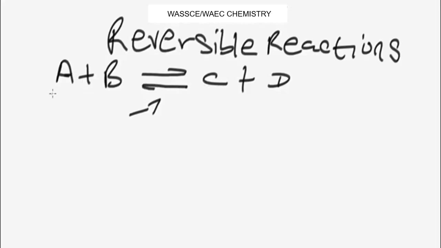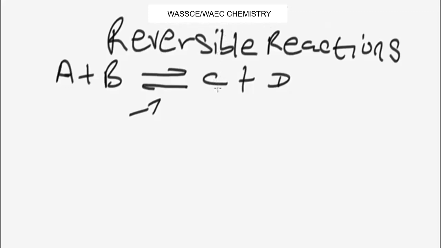Basically, reactants A and B can react to form C and D products, or in the reverse reaction, C and D can react to form A and B as well. Okay, so this is basically what you have to know about reversible reactions.